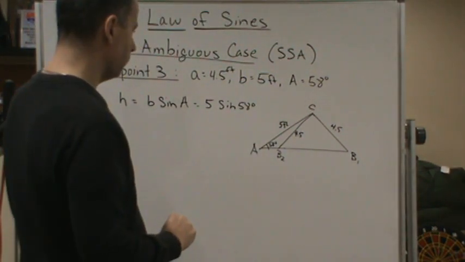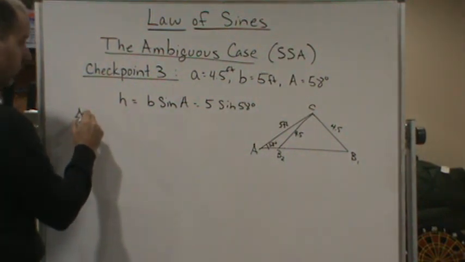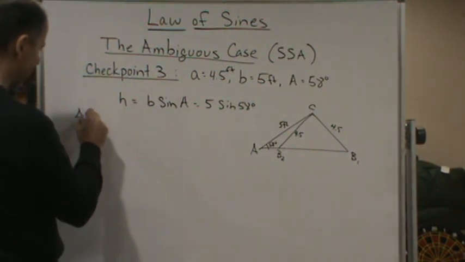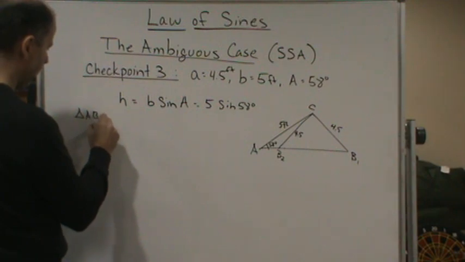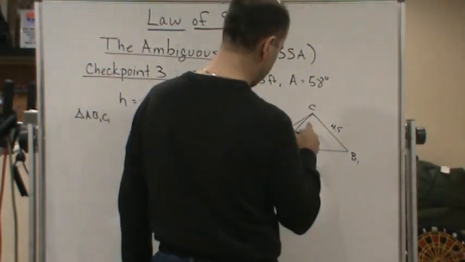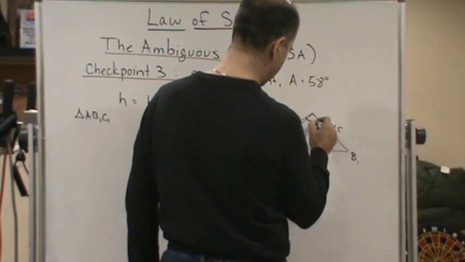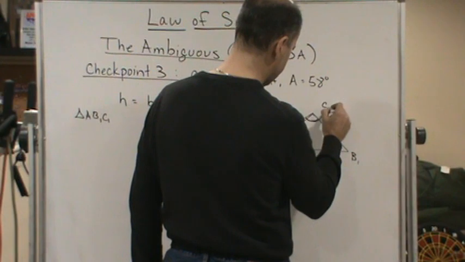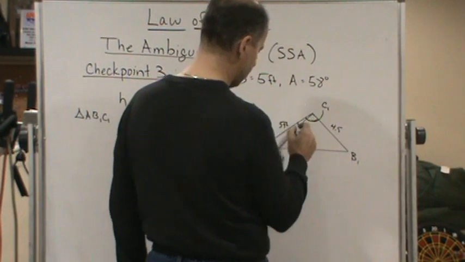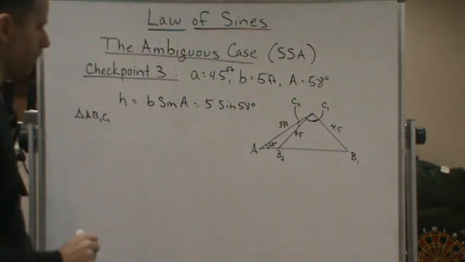So let's do triangle A, B1, C1. So this is C1, and this smaller angle here is C2.